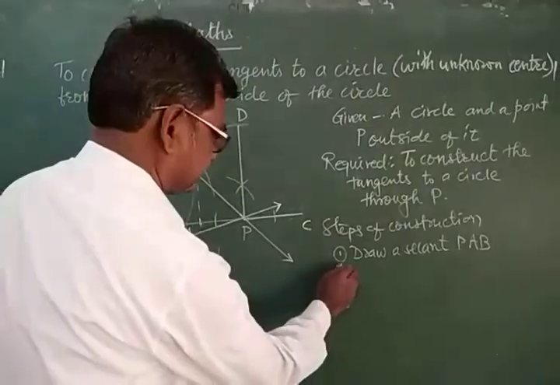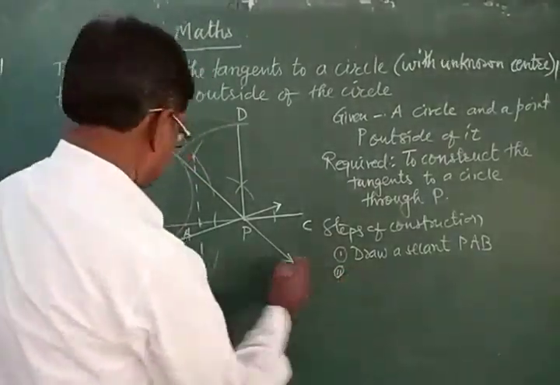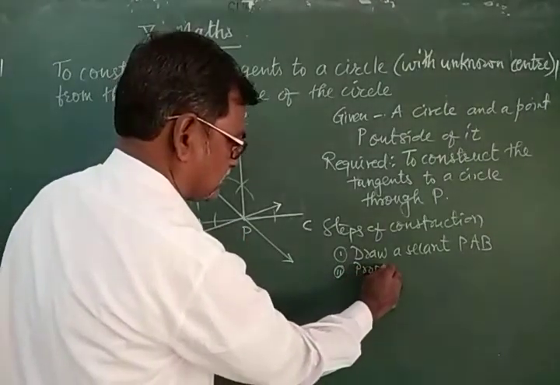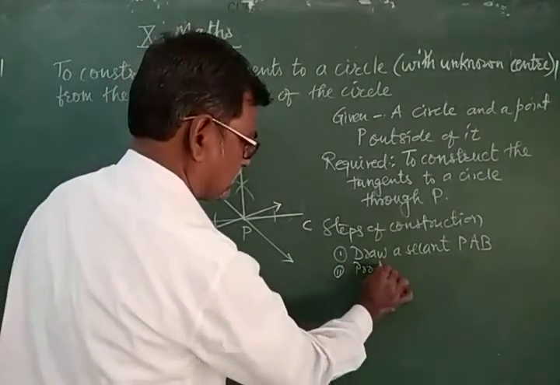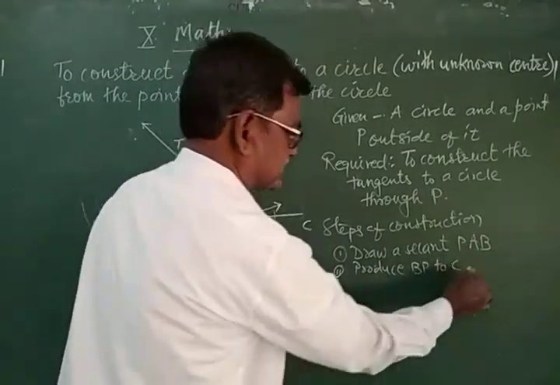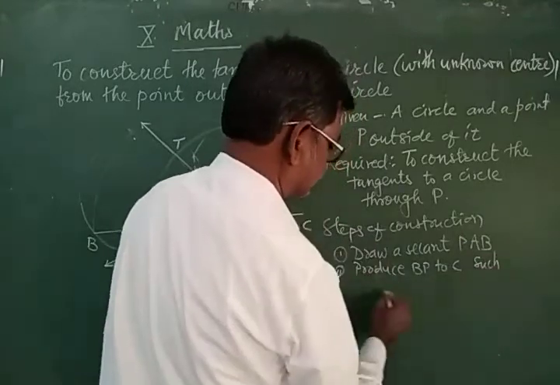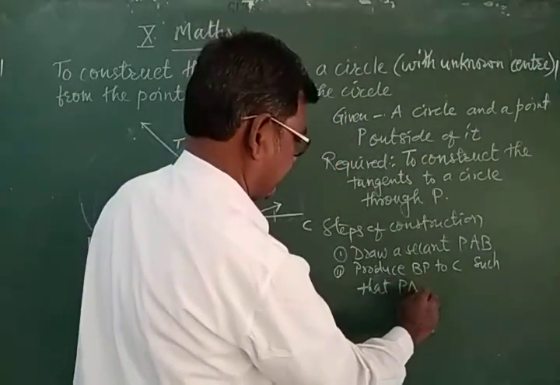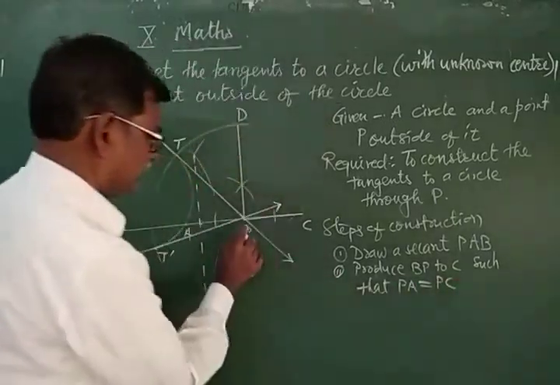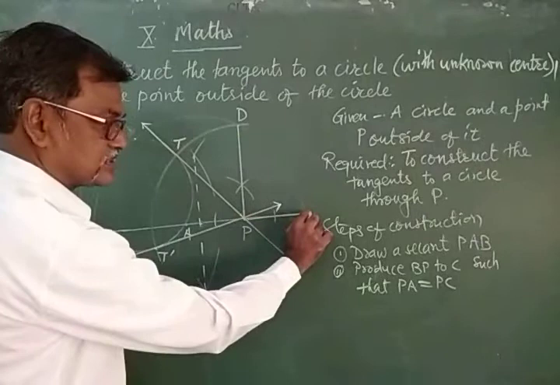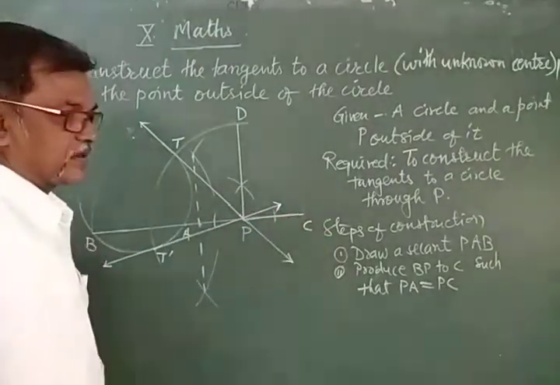Then second, produce BP to C such that PA is equal to PC. We have produced this PC to this side. So PA and PC are equal.